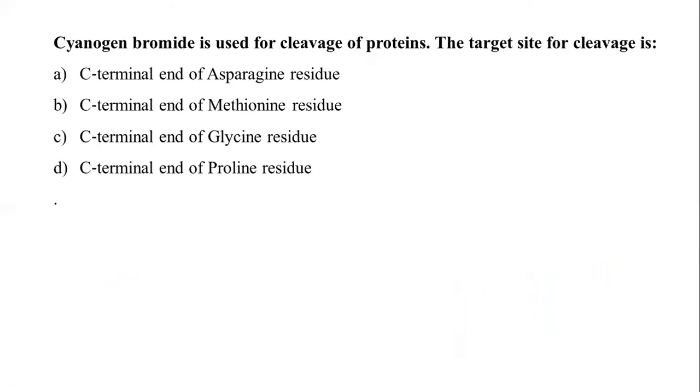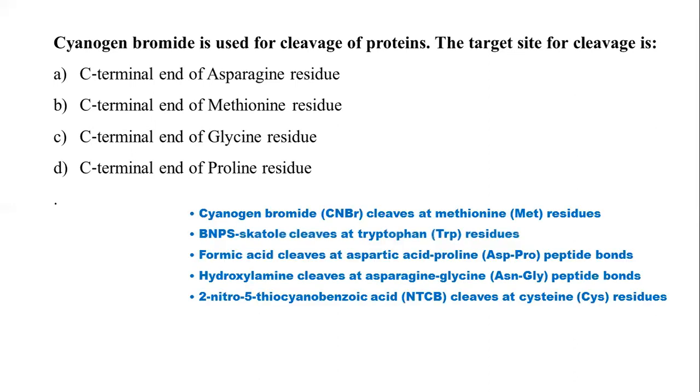In the next question, cyanogen bromide is used for cleavage of protein. The target site for cleavage is. To answer this question, different reagents are used for the specific and efficient chemical cleavage of proteins in solution, which cleave at specific loci. For example, cyanogen bromide, which is CNBr, cleaves at methionine.